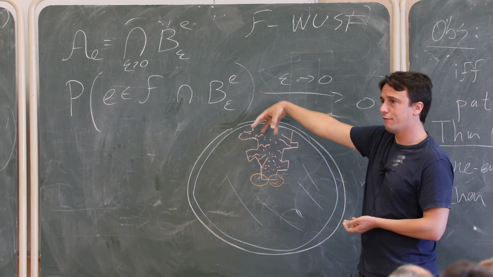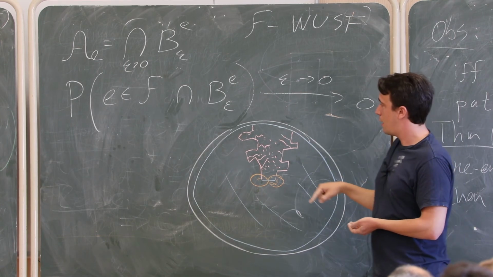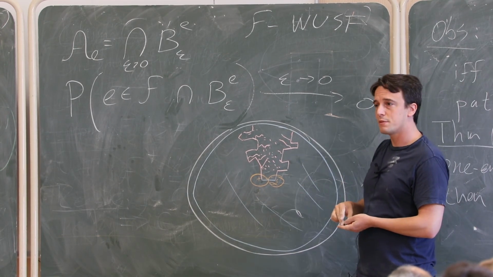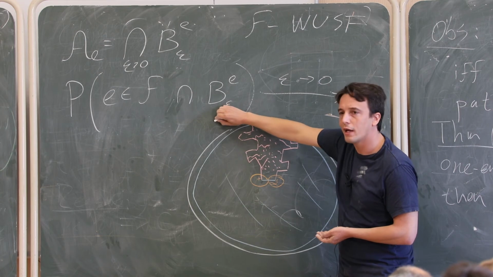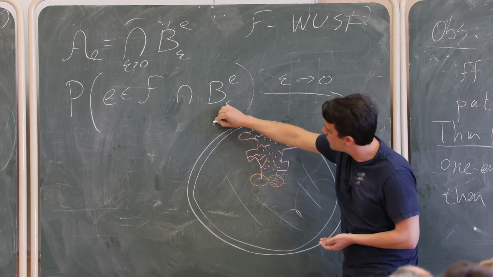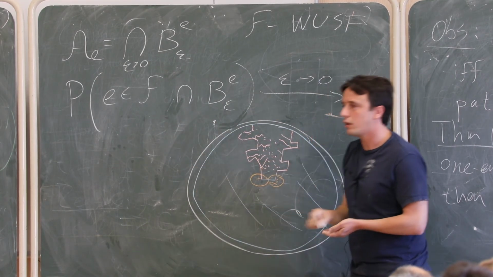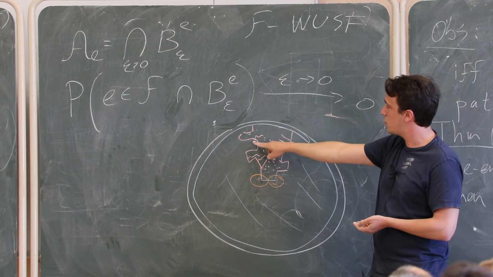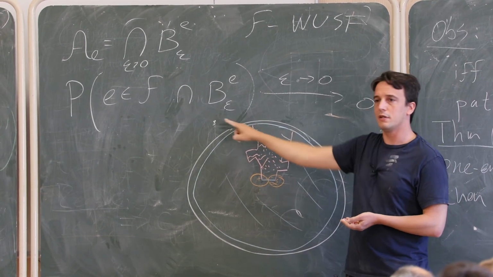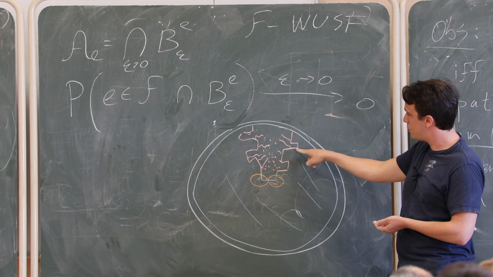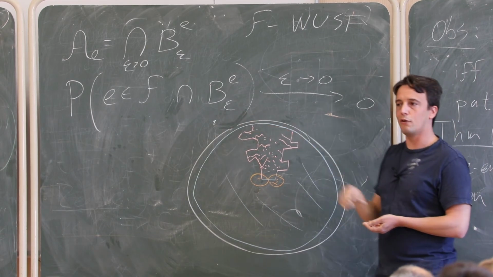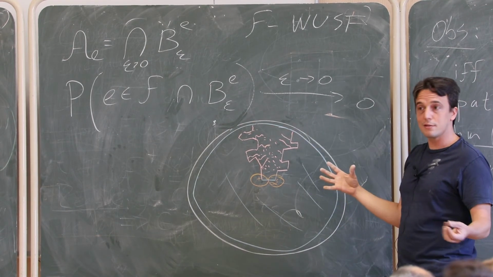And this is a big vertex, right? It's a whole path. But because I'm in the wired uniform spanning forest, I can always imagine that I have a vertex at infinity that is connected to everything. So what I will show you, in fact, is that the resistance between this vertex and infinity is small, and also the resistance between this vertex and infinity is small.